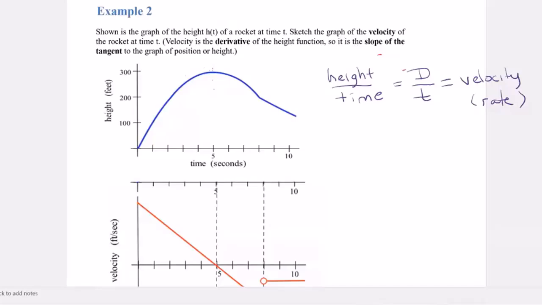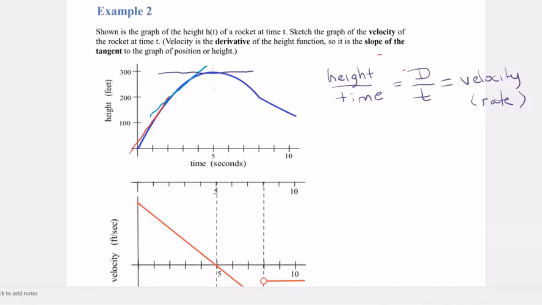Now, if I were to start drawing little tangent lines, I could see that this has a slope that looks like this, and then this right here, and then maybe here we would have a slope that looked like this, and eventually we would have, at the very top, a slope that was horizontal.